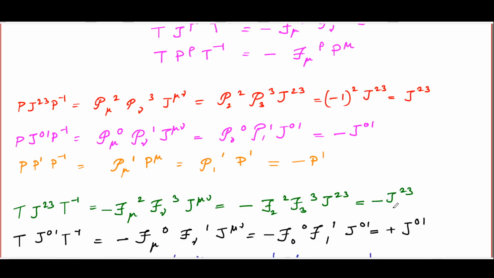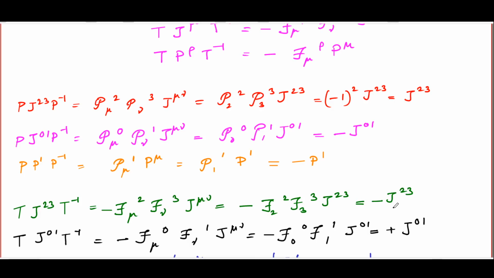Well, what about boost? You start with capital T J01 T inverse, you carry out exactly the same kind of calculation. The extra minus sign that you have in the front will actually give you a plus overall, so you are going to get plus J01 as a result, instead of minus J01 as you had in the case of parity.